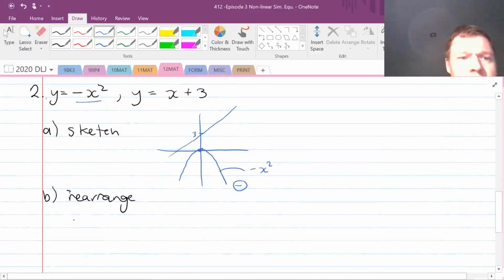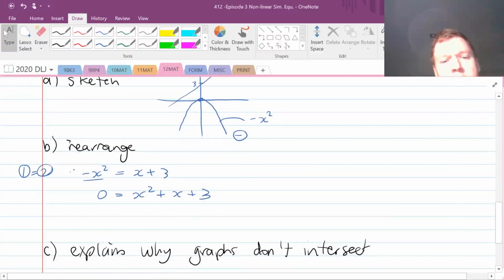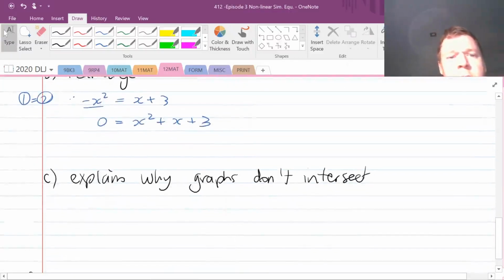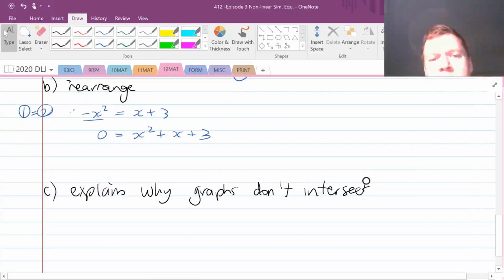So if we set, let's make this equation 1, this is equation 2, 1 equal to 2, negative x squared equals x plus 3. If I bring that negative x squared to the other side, we're going to get 0 equals x squared plus x plus 3. Okay, part C of question 2 asks you to explain why the graphs don't intersect.